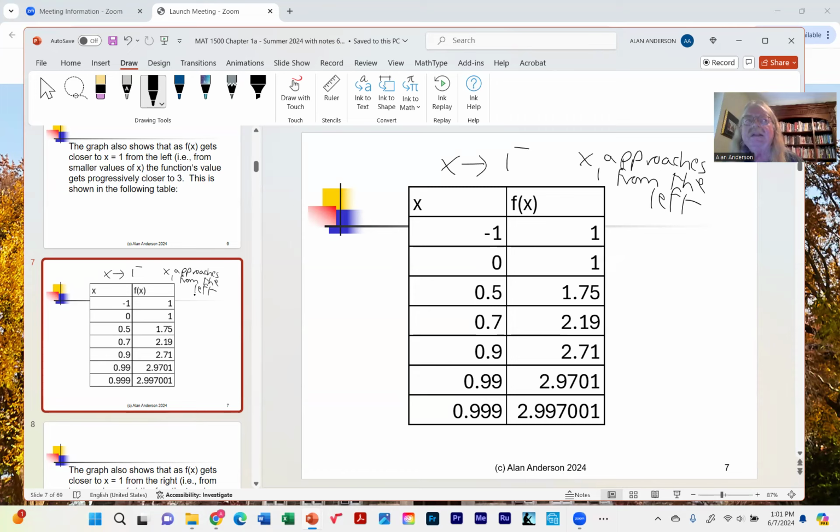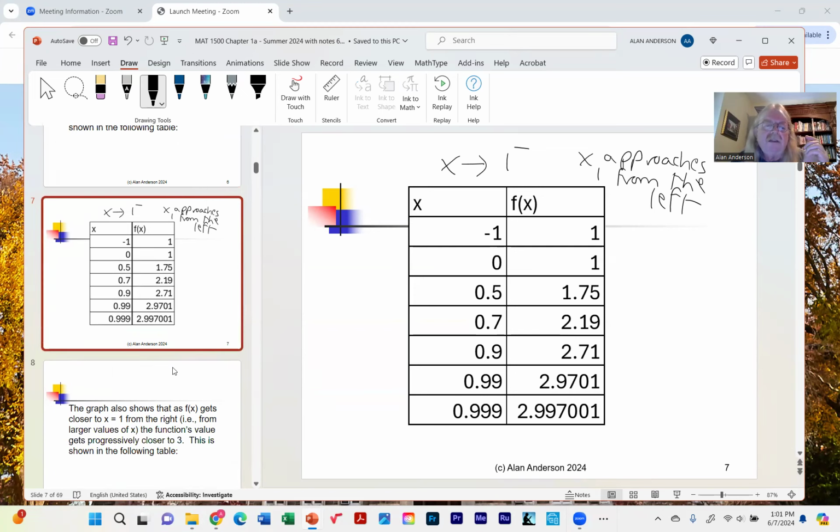What you're trying to imagine is that you're getting very close to a specific point on the curve without necessarily actually reaching it. And so this is how a limit is defined. This is what we're getting infinitesimally close to. As x gets closer and closer, f of x is getting closer and closer to 3. And so as we approach from the left, the limit is equal to 3.